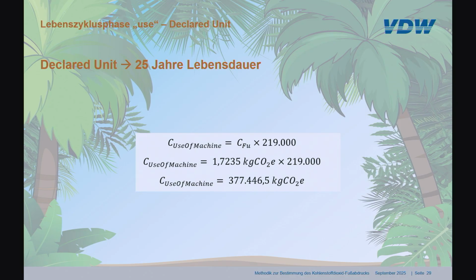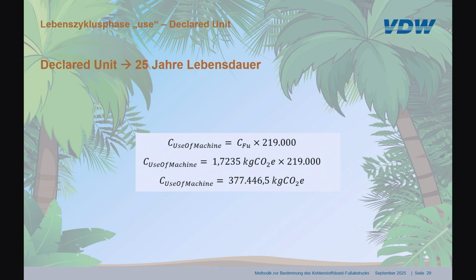The use phase of a machine, the reference service life, is 25 years. Now you can have heated discussions about that. A lot of people said, our machines run a lot longer than that. Okay, we've set it at 25 years, and that means it's standardized for everyone. If you want to do it more precisely for your machine, you can use a different value. In terms of the method, we've established 25 years.